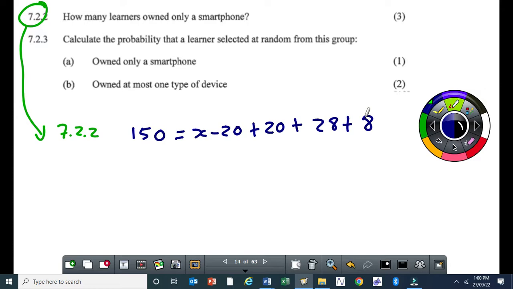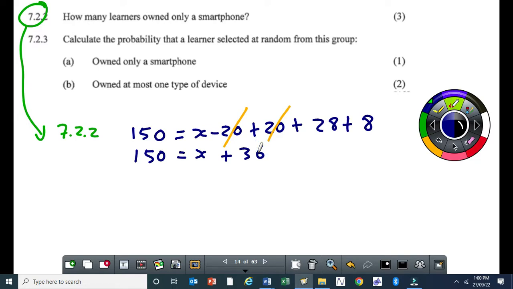It's a big no-no. No negative answers when you're answering questions on the Venn diagram. So this minus 20 and that positive 20 cancel out. So we end up having 150 is equal to x plus 36.